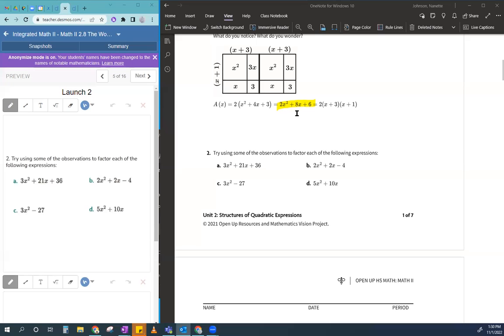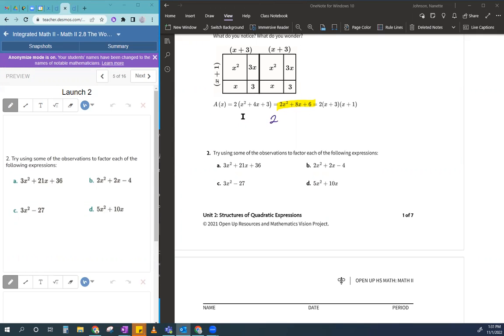But what about this one? What do you notice about each of these? Yeah. Someone said it. Yep, they're all positive and they're even. Very good. Both of you got it. Okay, so when they're all even, that means I can take a 2 out. So in my brain, I was like, oh, look, I could take a 2 out.